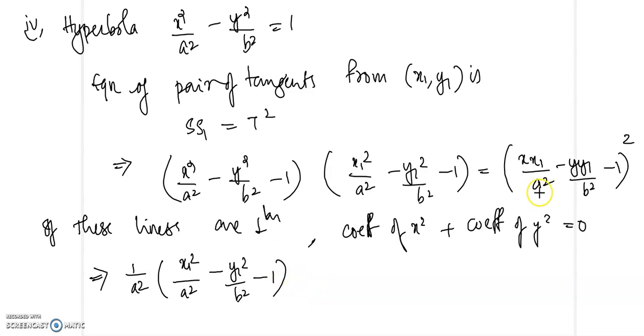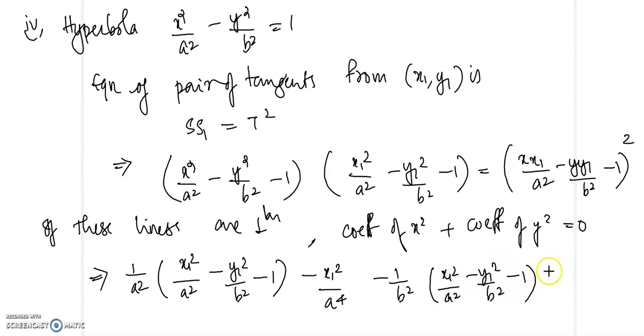Then right side in x square, so minus x1 square by a raised to 4. And that's the coefficient of x square. Coefficient of y square is minus 1 by b square into x1 square by a square minus y1 square by b square minus 1. Then minus y1 square by b raised to 4 equal to 0.